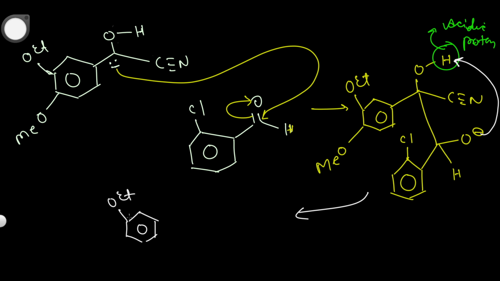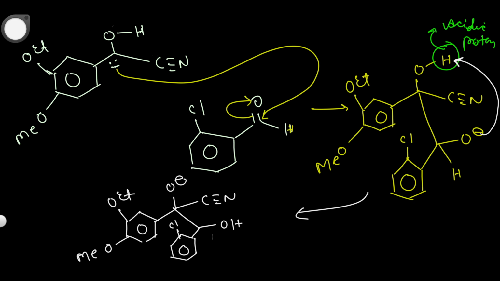Here is the OAT, here is the OMe, and here is the O minus, and here we have cyanide, and you have here OH, and wait, and here you will get something like this. This is a chlorine. Okay, so what happened next?